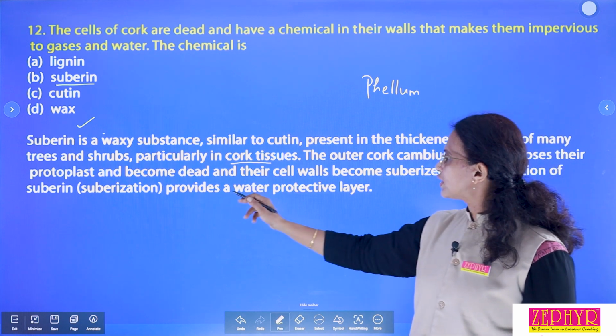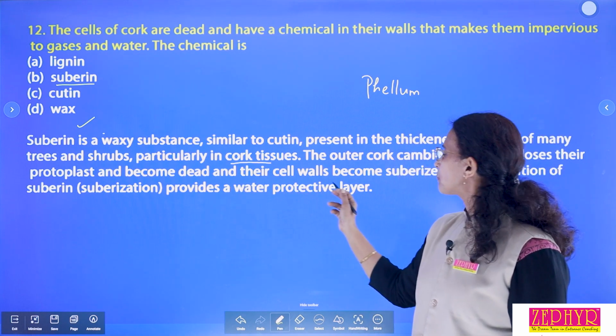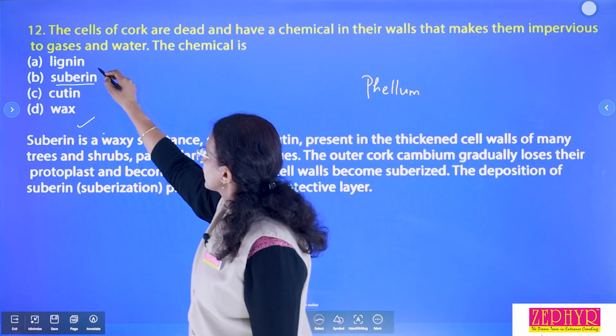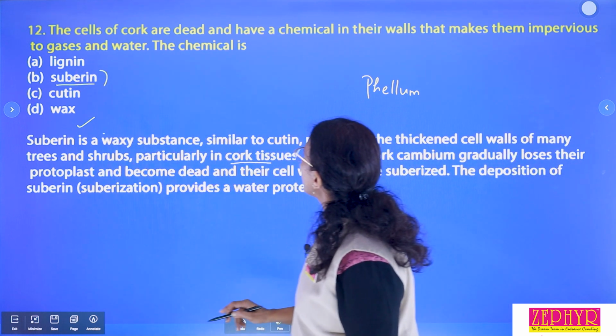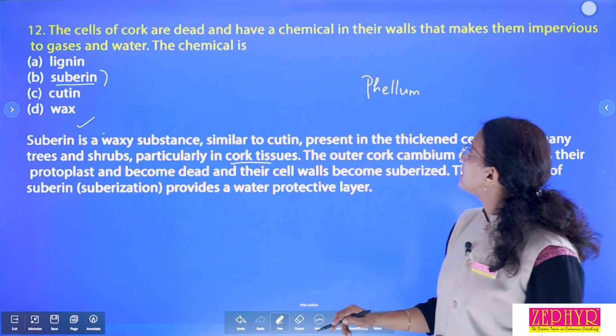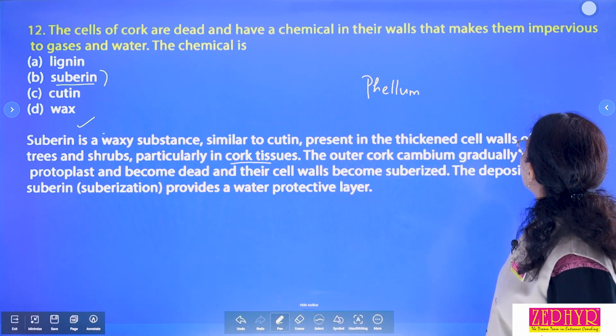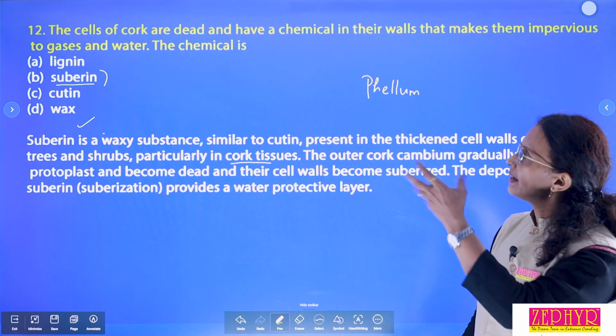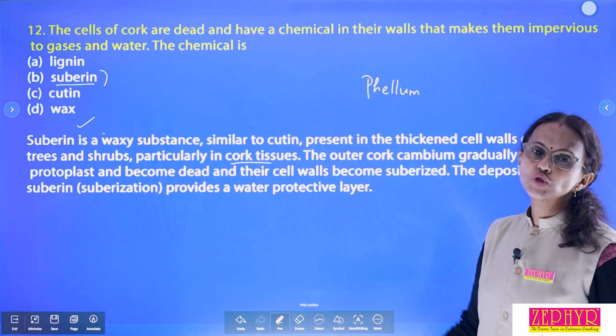The deposition of suberin provides a water protective layer. The answer is suberin. What is the question? The cells of the cork are dead and have a chemical in their wall that makes them impervious to gases and water. Which chemical is present in that cork? What is the answer? Suberin.